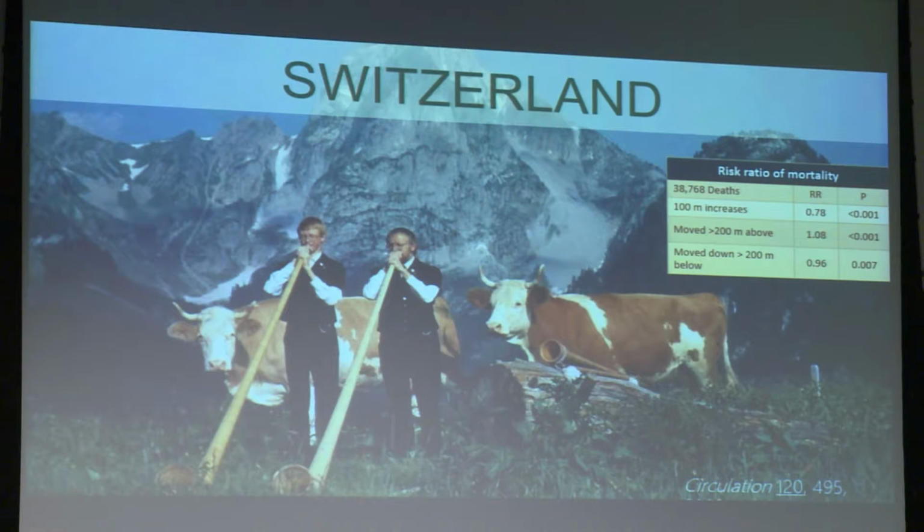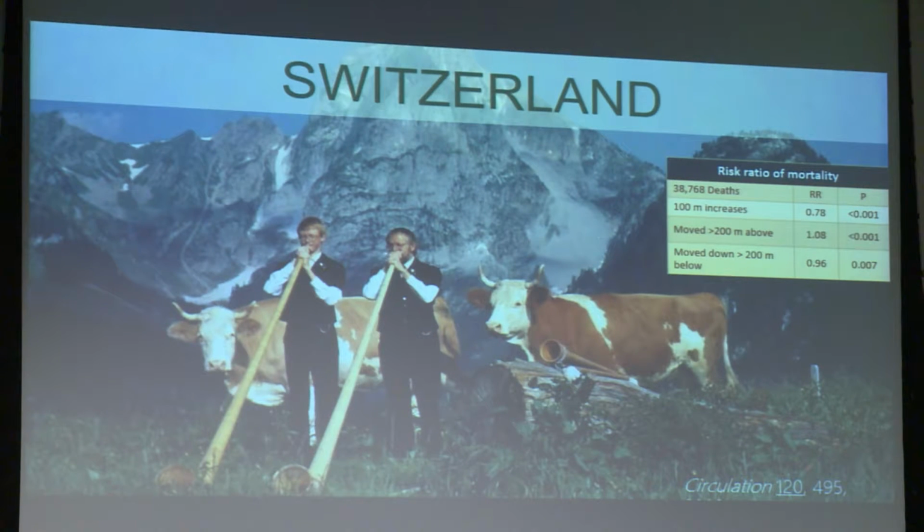If you move to a higher altitude, you can experience a gain in health, and when you move down, there's increased mortality. So even for a short period of time, going to high altitudes changes your cardiovascular physiology and affects both your cardiac function as well as your lipoprotein profile.